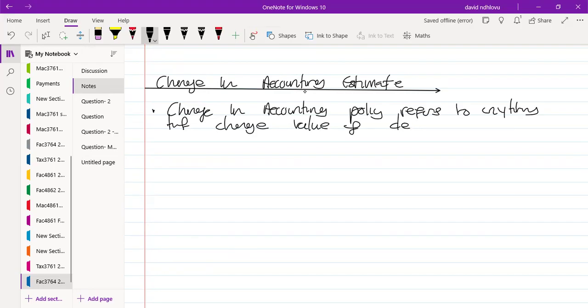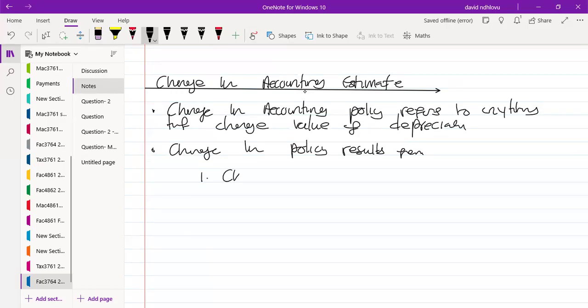So this one is a change in depreciation. A change in policy results from a change in the method of depreciation.